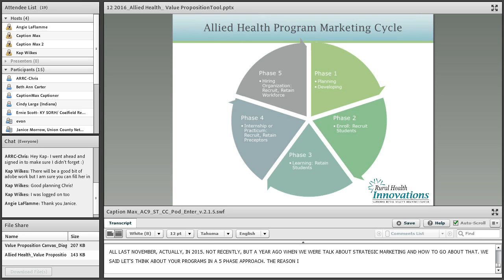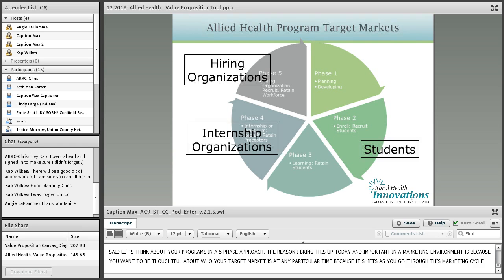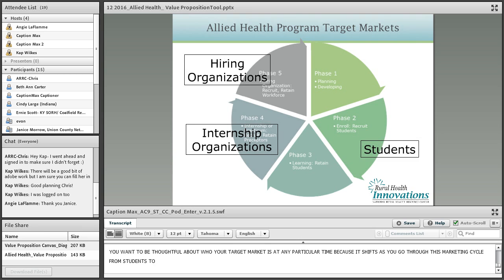And the reason I bring it up today, and it's important in a marketing environment, is because you want to be thoughtful about who your target market is at any particular time, because it shifts as you go through this marketing cycle from students to preceptors to your hiring organizations.